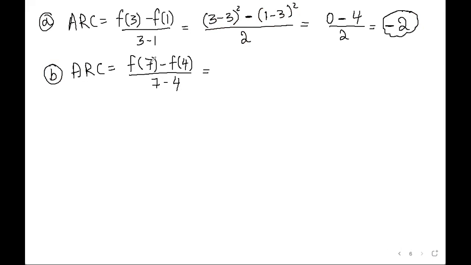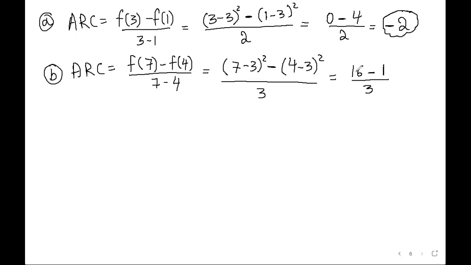Now you plug the 7 inside the function. The function is x minus 3 squared. So 7 minus 3 squared minus 4 minus 3 squared, over 3. 7 minus 3 is 4, squared is 16, and 4 minus 3 is 1, squared is 1. 16 minus 1 is 15 over 3, and the answer is 5.